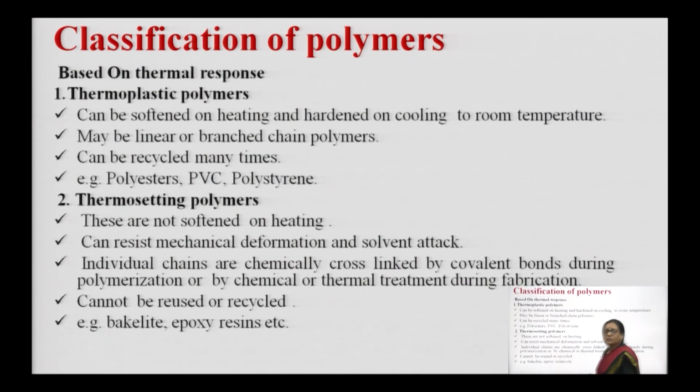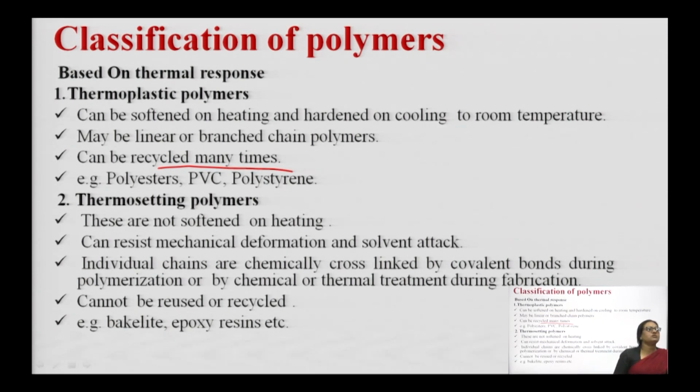Then, based on the thermal response, we have two categories of polymers: thermoplastic polymers and thermosetting polymers. The difference is that in thermoplastic polymers, the polymer can be softened on heating and hardened on cooling to room temperature. They can be remolded and recycled.